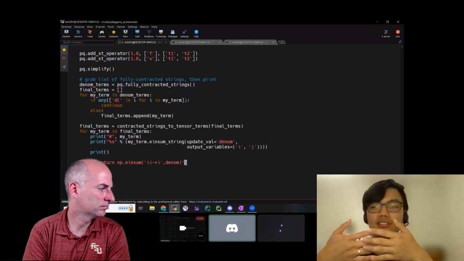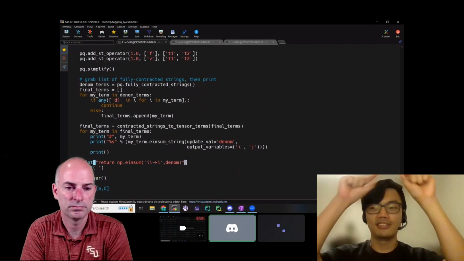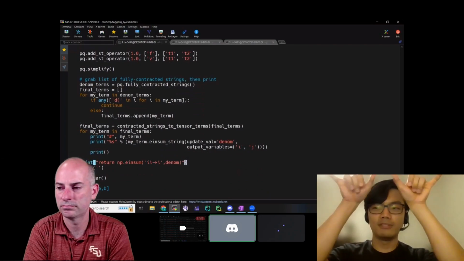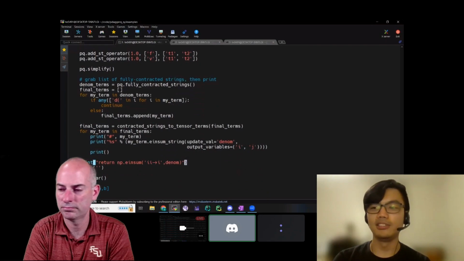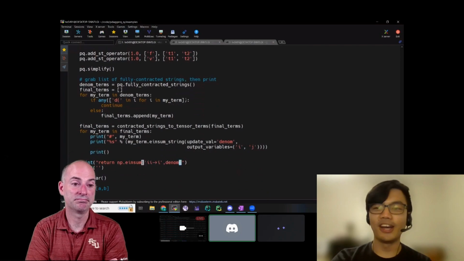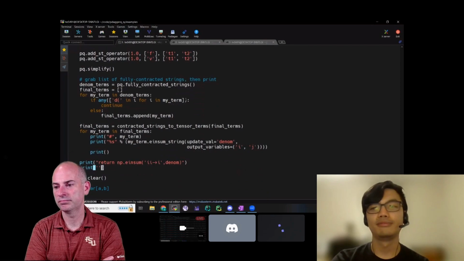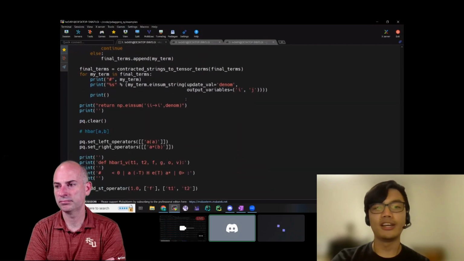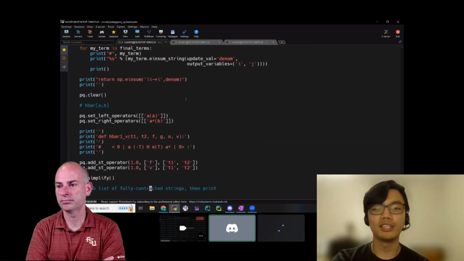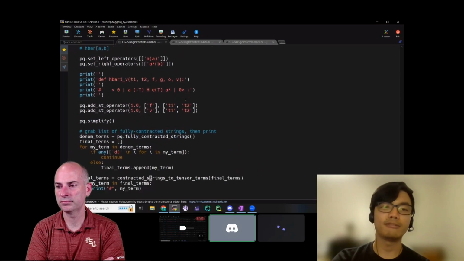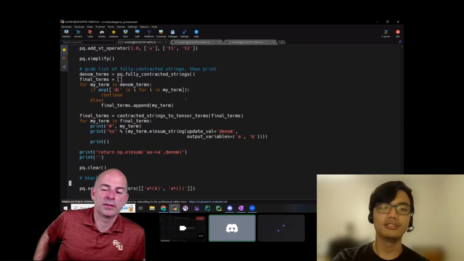And the indices have to match. So that means the H bar element that I'm grabbing has to have the same index by process of elimination. If that makes sense. So I only need the element that has II type. So I don't have to store an n square type object. I only need n. Same thing here with the AB.